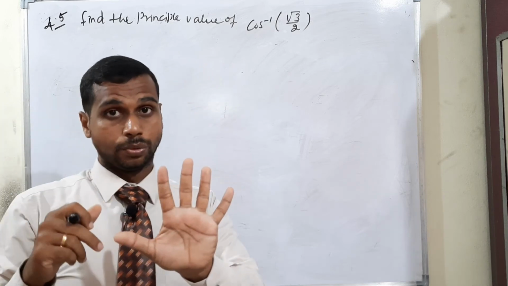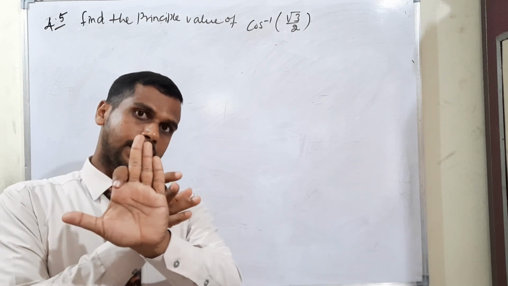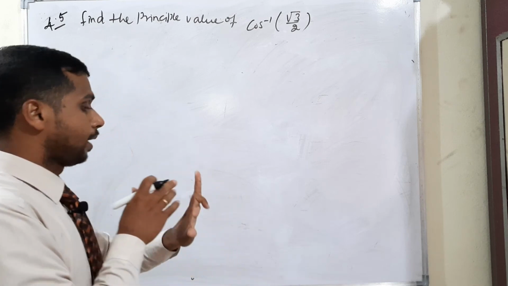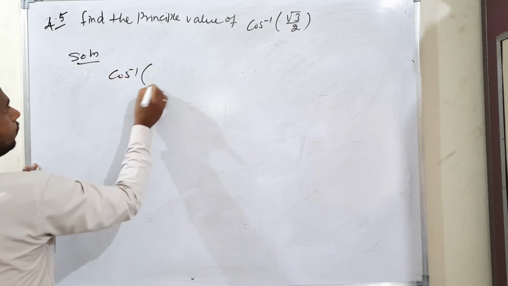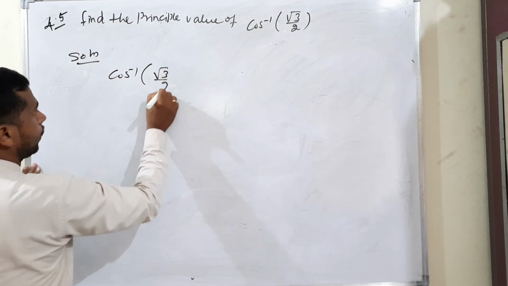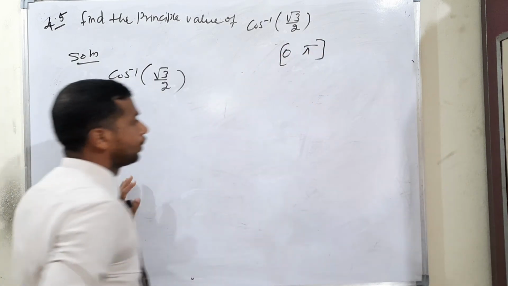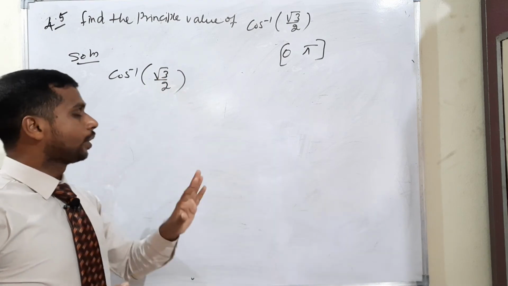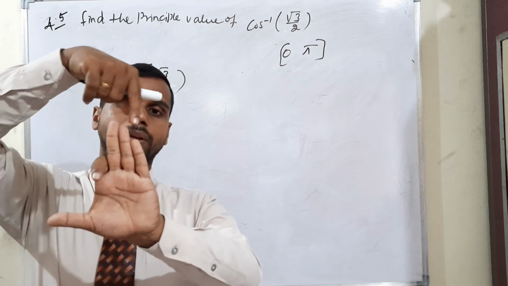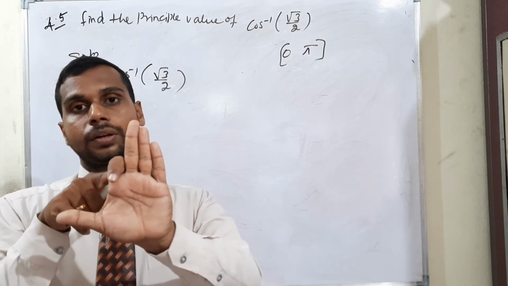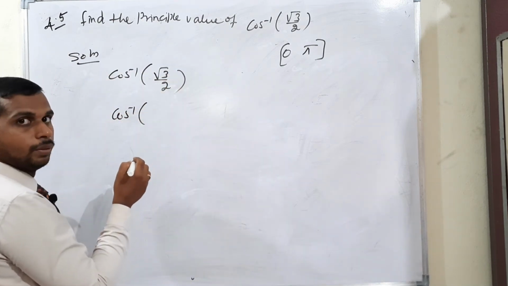The condition is root 3 by 2. Root 3 by 2 is on the little side, so definitely you have to fold the finger, then you can check it. On the little side, 3 fingers remain. So for the solution, cos inverse root 3 by 2, what is the range? 0 to pi, that is 0 to 180. Root 3 by 2 corresponds to 0, pi by 6, pi by 4, pi by 3, pi by 2, so instead of root 3 by 2 we can write cos pi by 6, because cos pi by 6 has the value root 3 by 2.